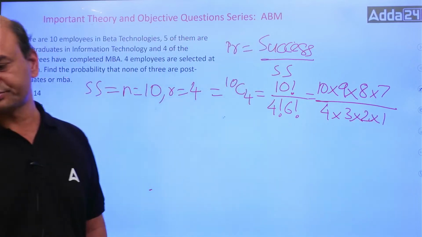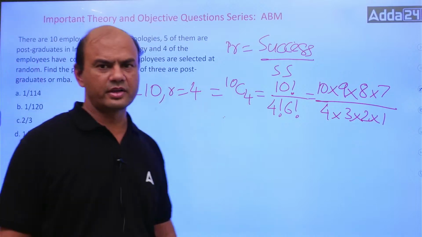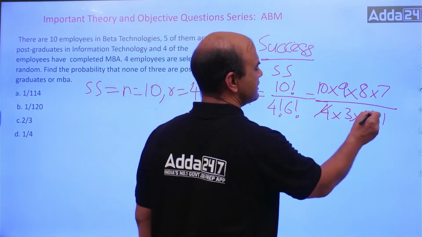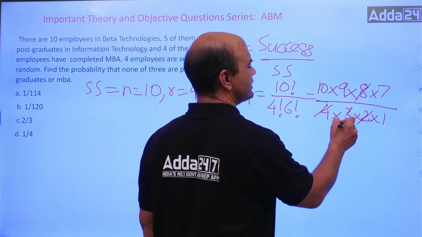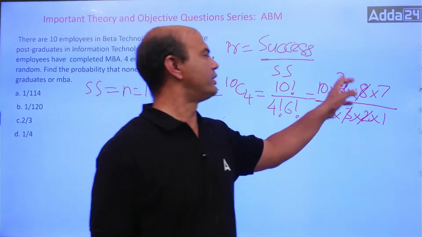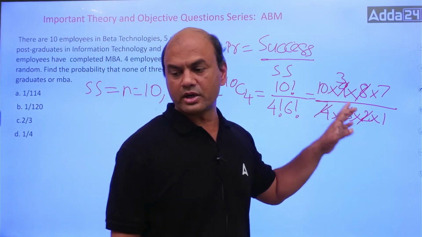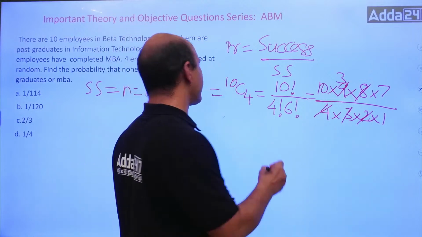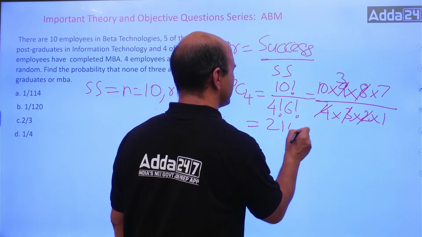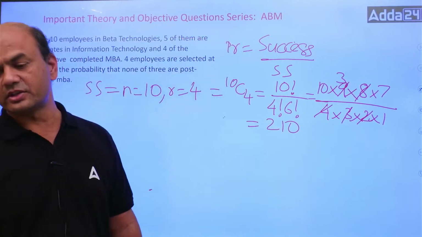The 4 and 8 get cancelled. 3 ones are 3, 3 3s are 9. 7 3s are 21 into 10. 210. So your sample space is 210.